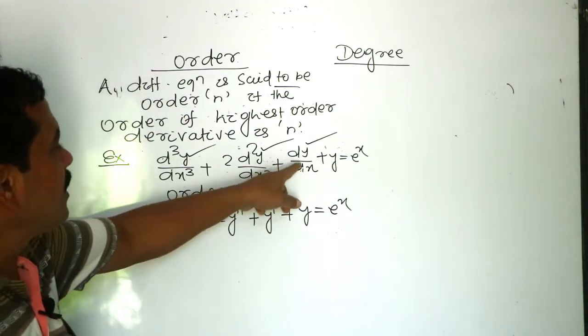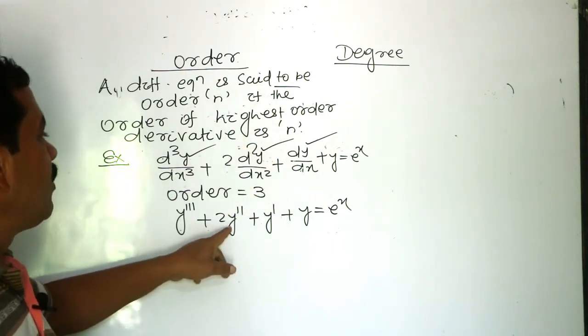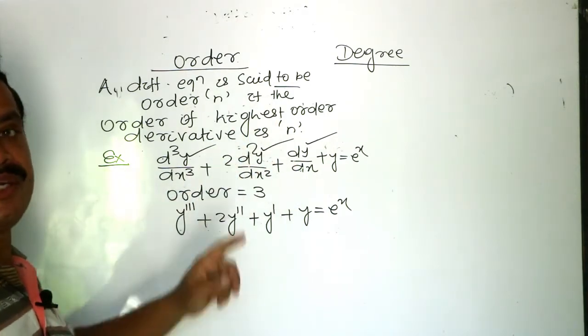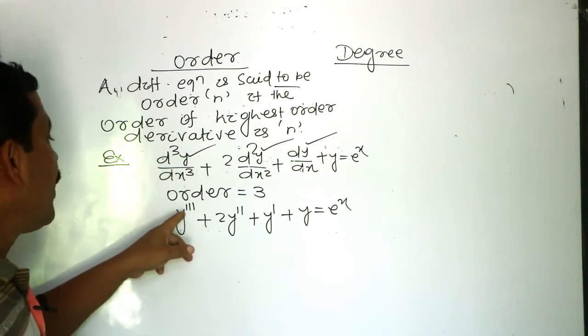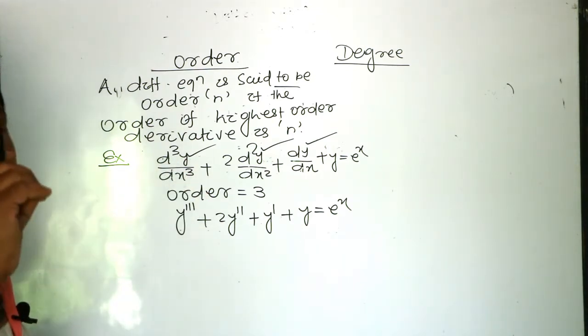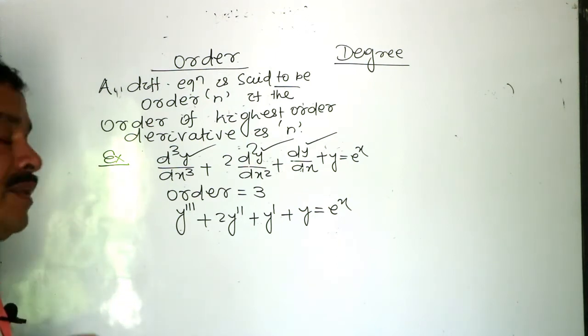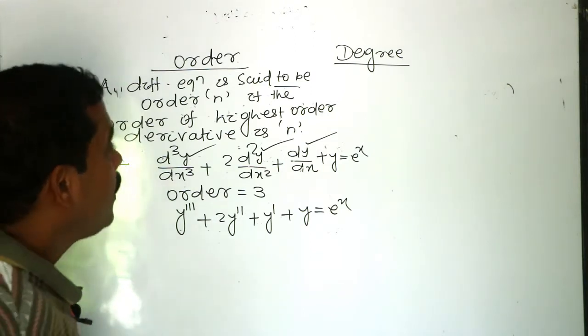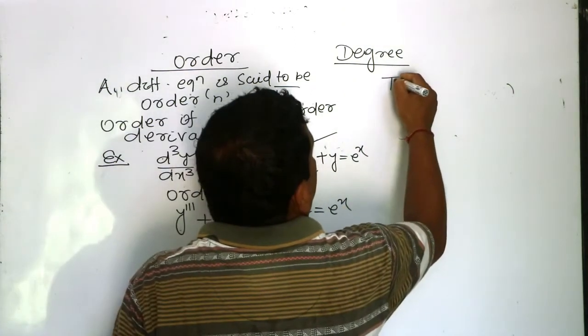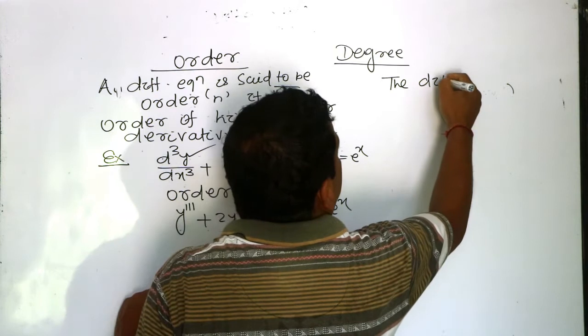Y dash means dy by dx, y double dash means d square y by dx square, and d cube y by dx cube means y triple dash. So the order of the highest order derivative is the order of the differential equation. Clear?